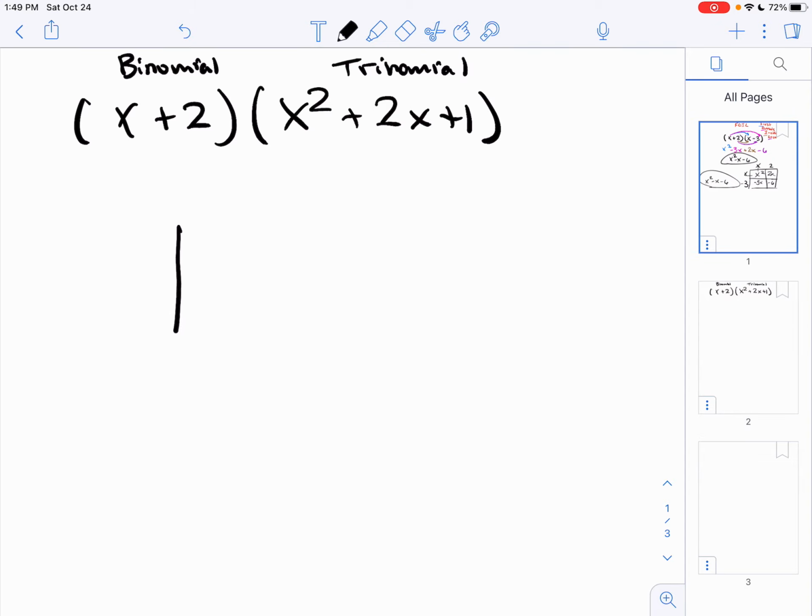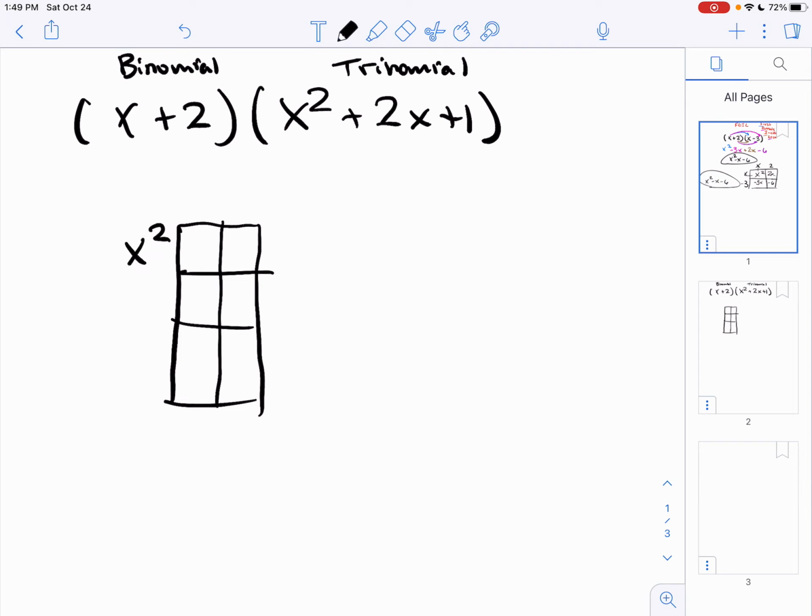So we're going to make a box. Notice how this box, instead of a 2 by 2 box, is a 3 by 2 box. So we're going to write our terms in, x squared, 2x, 1, x, and 2. And we're going to do the same thing. We're going to multiply in the box.